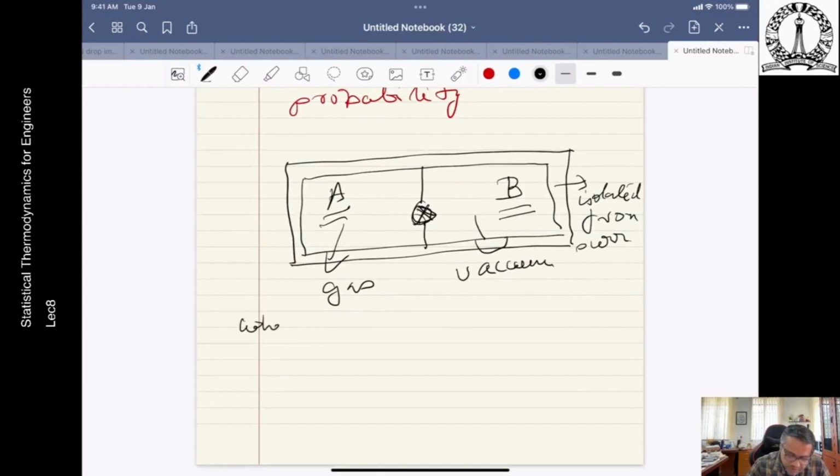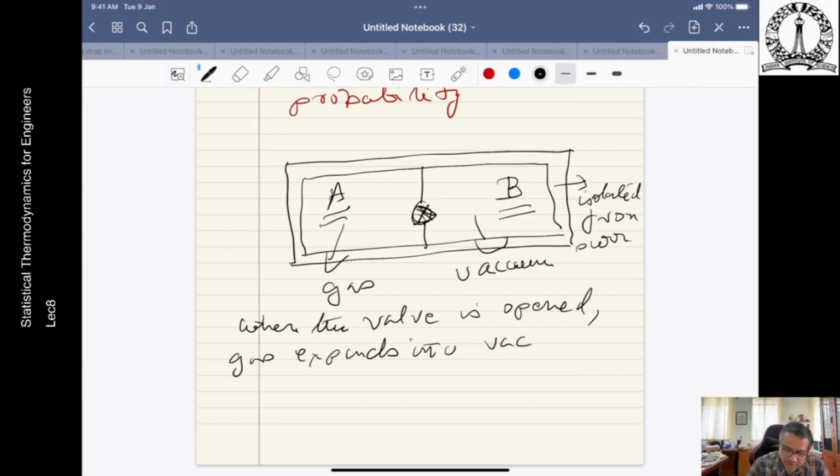So when the valve is opened, what will happen? Gas expands into the vacuum. So the gas from here will expand and go there, right?